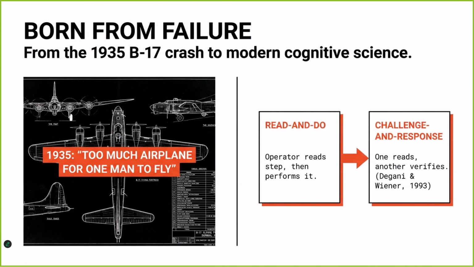With challenge and response, I don't hold the checklist. Someone else has it. They're reading it off to me, and I am responding to it. That challenge and response mechanism was more effective at reducing safety violations, errors, and so forth than read and do. It's not always possible in real-world scenarios within technology, but it is an interesting thing to keep in mind.